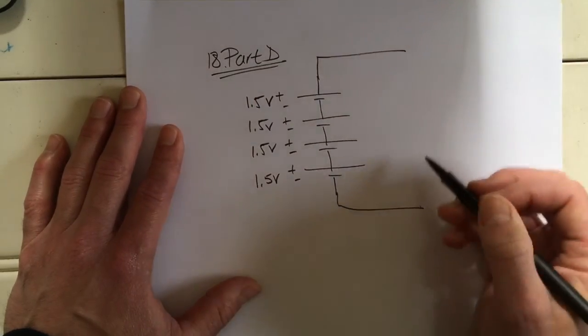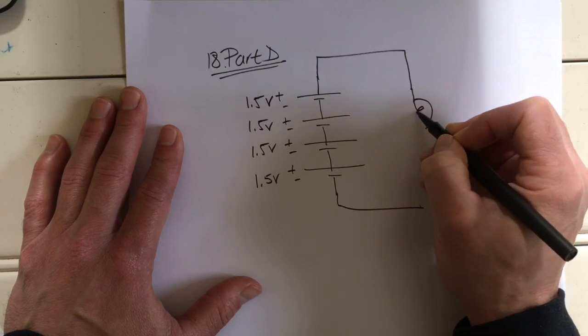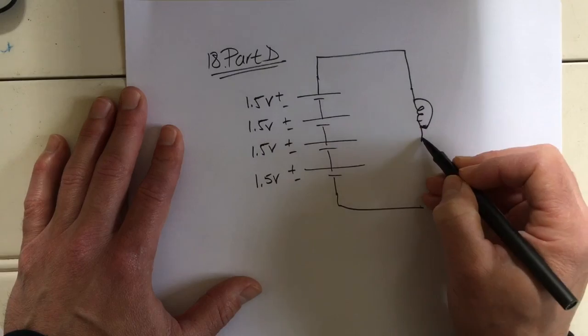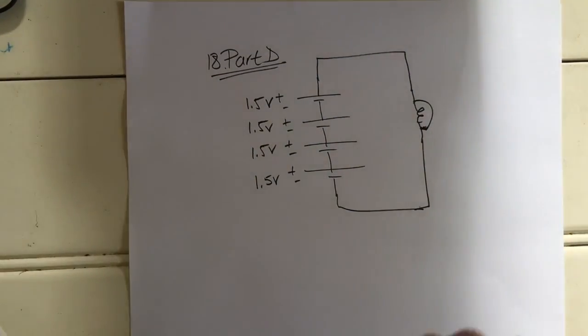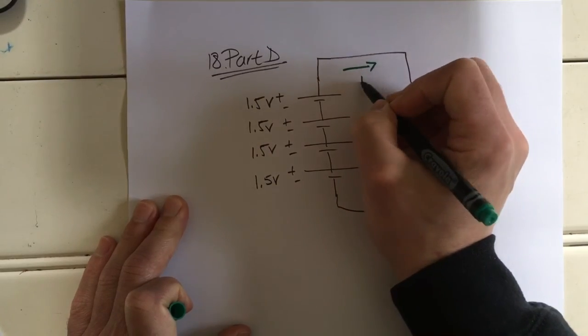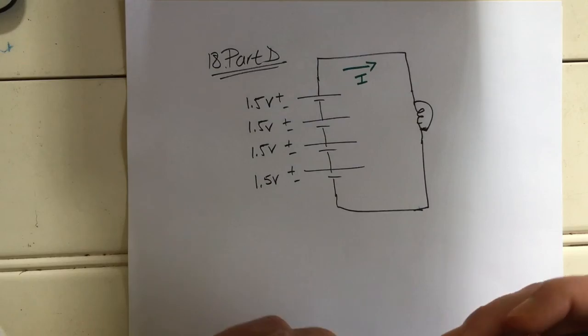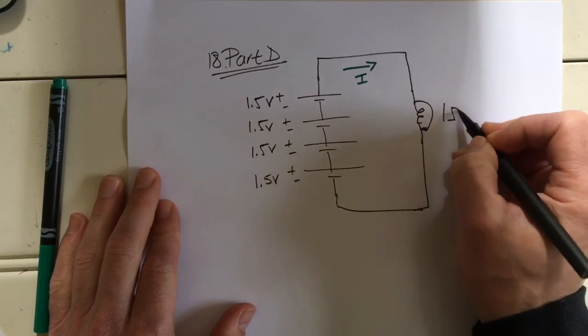Right? And then over here, just 1 bulb. And current, once again, this direction right here. Clockwise, positive charge would be lifted up, sent around. And this would be our 1, 2, or 3. We said this is going to be the 1 ohm bulb.